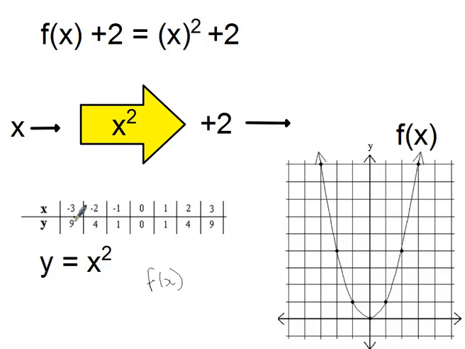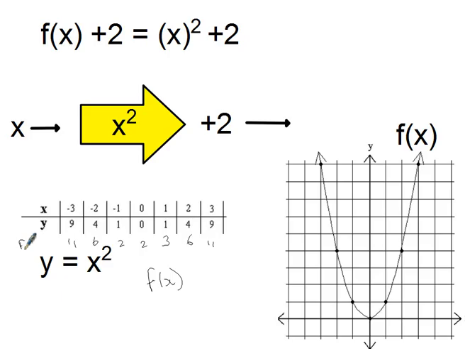Now, all we're going to do is put in our value of x, let's say 1, we square it, we get 1 out, but then we add 2. So we're actually going to get 3 coming out. If I put in 2 and square it, I get 4, and then we're going to add 2. So what's happening is that all of these y values that we had in the original are now just going to be 2 more.